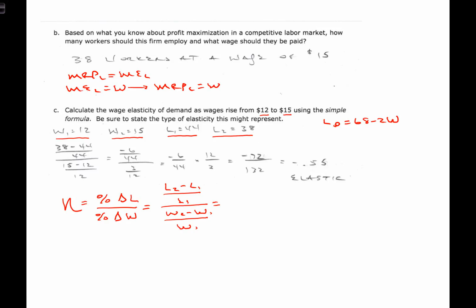And then I just go ahead and calculate 38 minus 44 divided by 44, over 15 minus 12 divided by 12, keeping in mind that we have in our numerator the percent change in labor, and in the denominator the percent change in wage. Then I go ahead and just continue to move this forward. This ends up being negative 6 divided by 44, divided by 3 divided by 12.